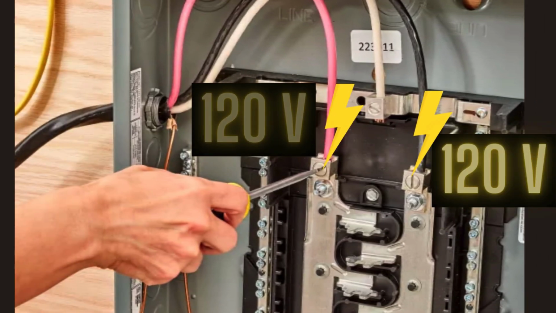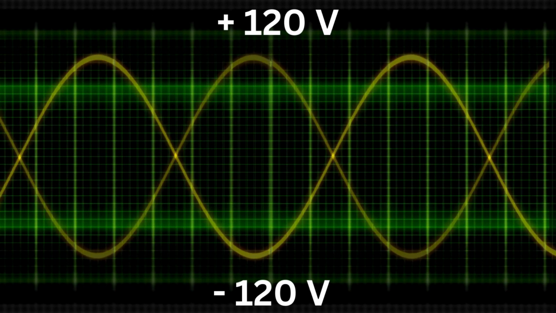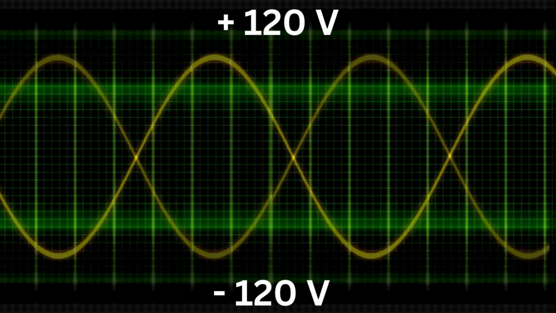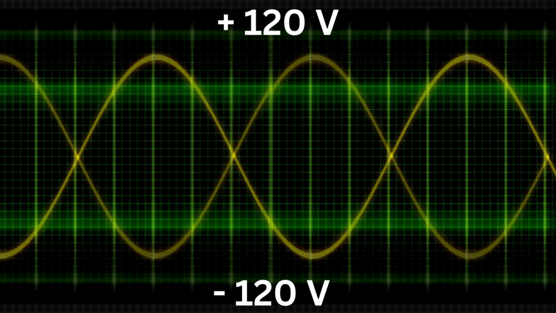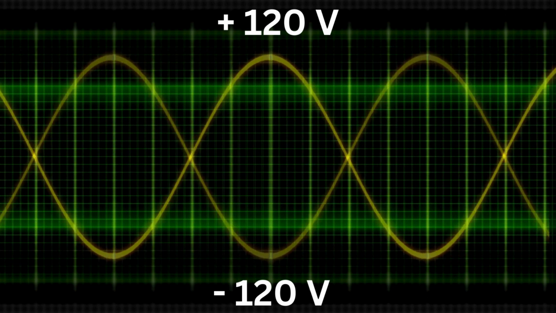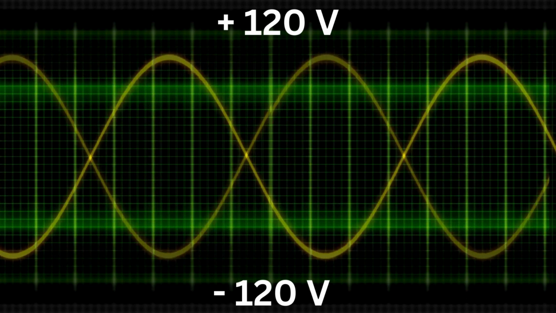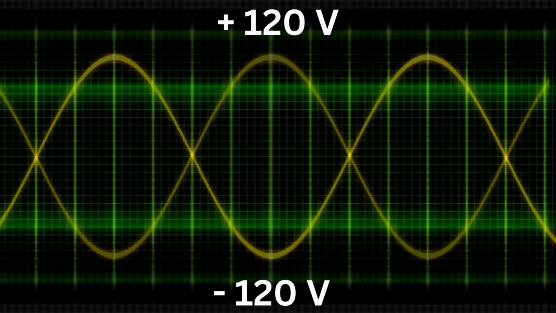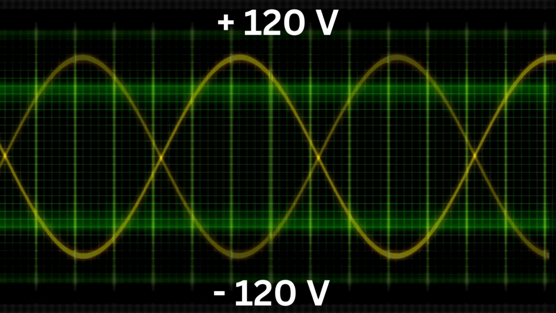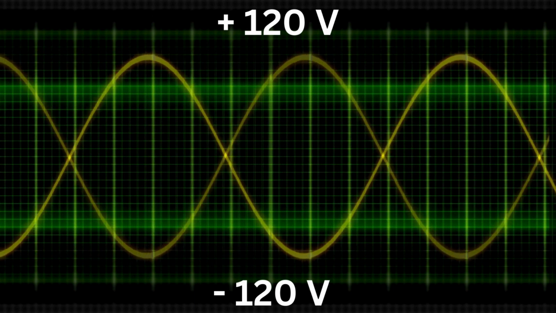The hot wires have a voltage of 120 volts that are out of phase by 180 degrees. This means their sine waves are mirrored so that at any given time, they will be exactly opposite the other. When one hot wire is positive 120 volts, the other is negative 120 volts.